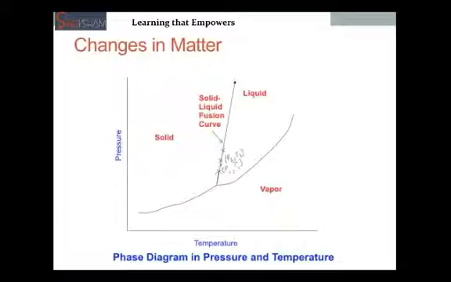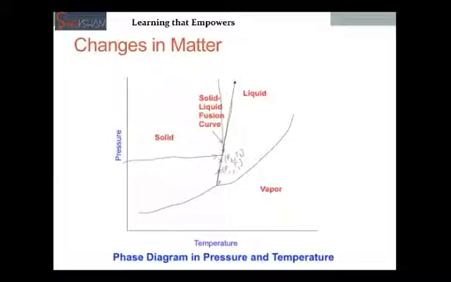Thus, this line connecting all of these points represents the transformation of ice into water. Thus, if I had a certain pressure, I could find out what the temperature would be for transformation of ice into water. Similarly, if I had a certain temperature, T, I could find out the pressure at which ice will transform into water.